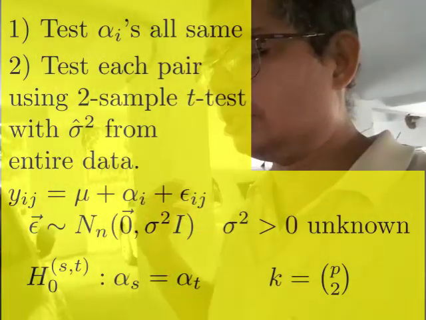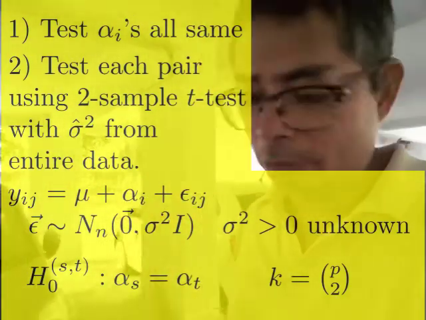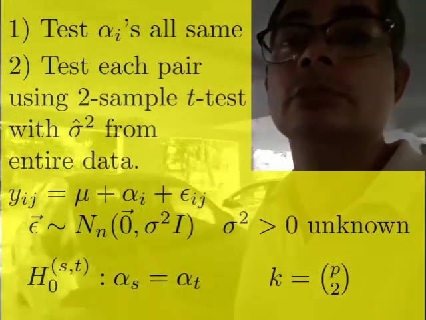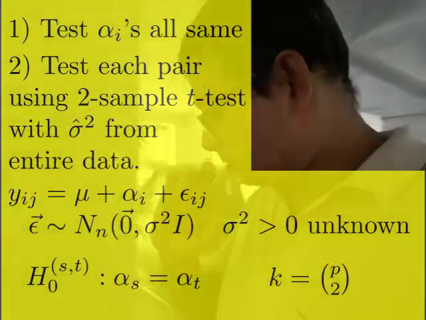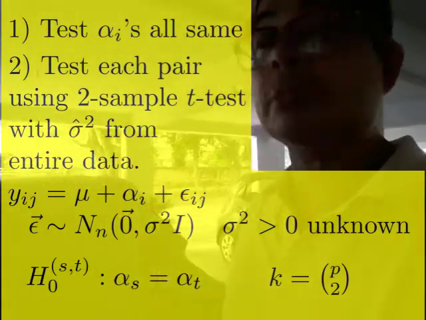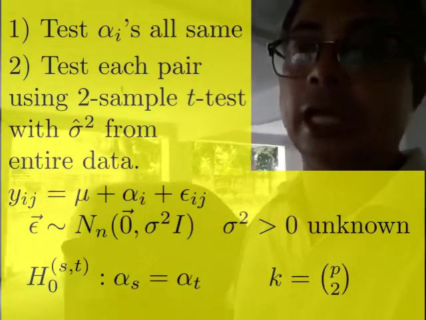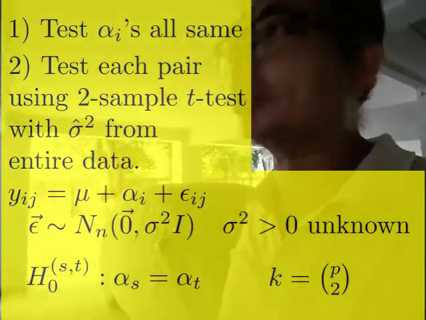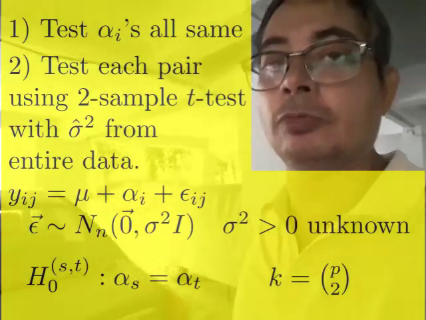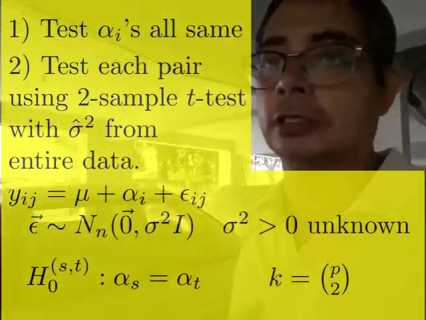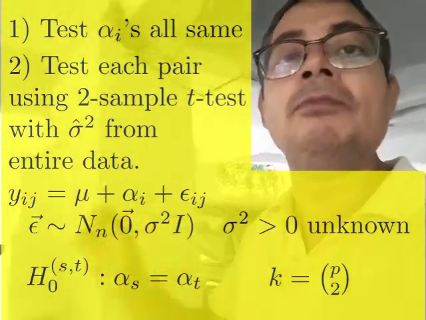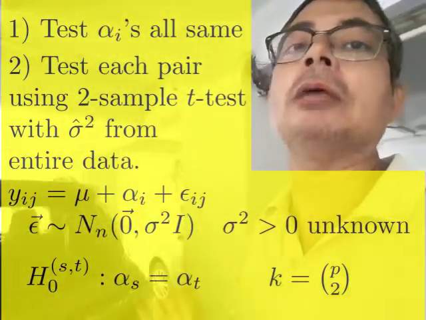Number one, its power is not very good, and number two, sometimes it provides counterintuitive results. One example is that it is possible that you reject the overall test at level alpha. So you expect that I am not going to write accept everywhere; I am going to have at least one reject. But in step 2, you end up accepting every one of those component hypotheses.